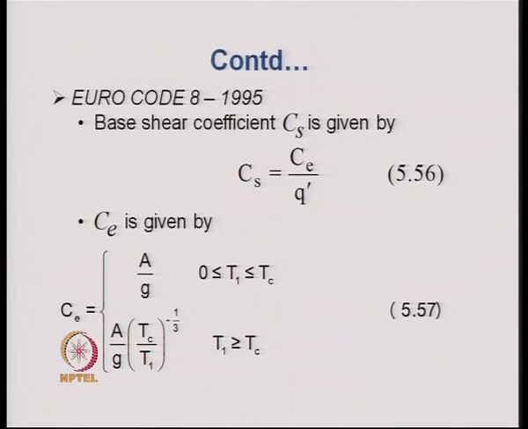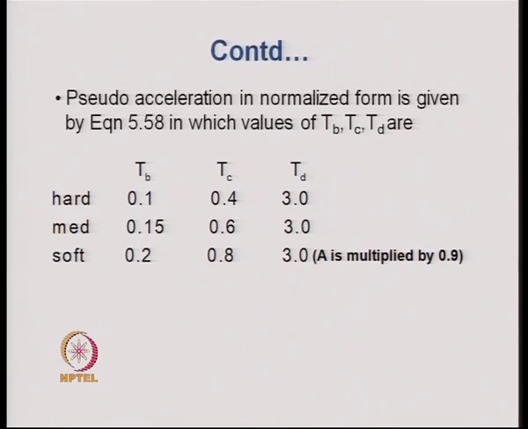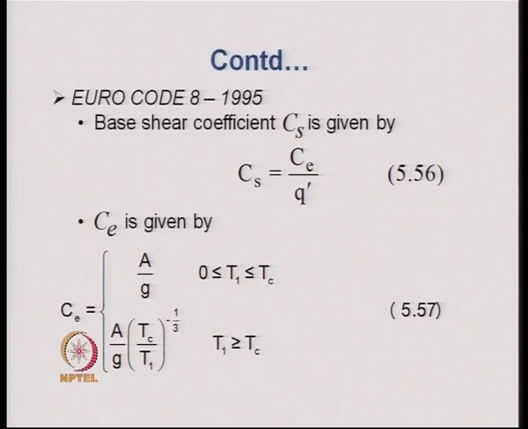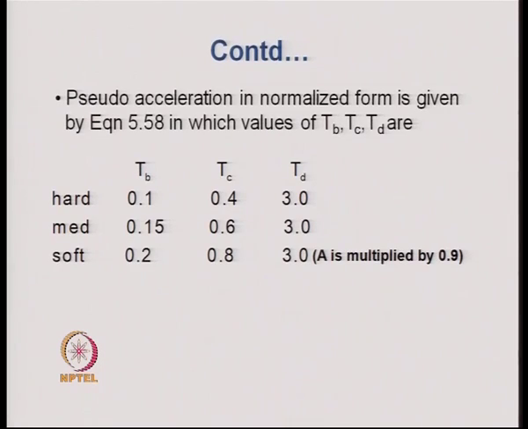So, we expect that much nonlinearity coming into picture for a greater time period. The pseudo acceleration, when it is normalized with respect to g, that is what we are calling a by g or SA by g, is given by equation 5.58 that I will show next.